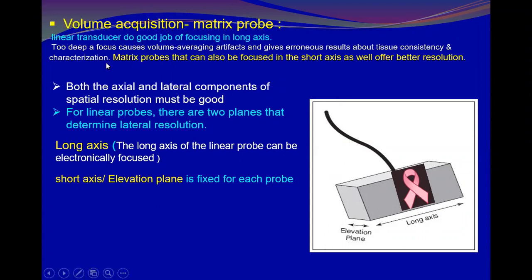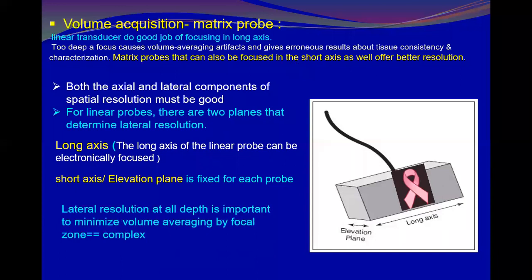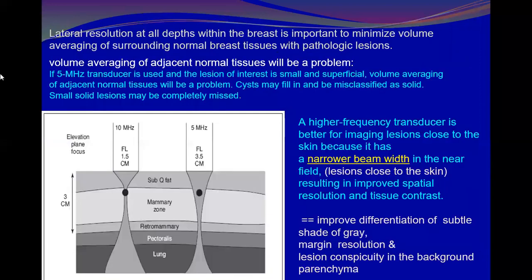And this is why, because too deep a focus, or too deep a structure or lesion, will cause volume averaging artifacts with the high frequency transducer. We'll see here. So also we have to optimize the focal zone for the lateral resolutions.